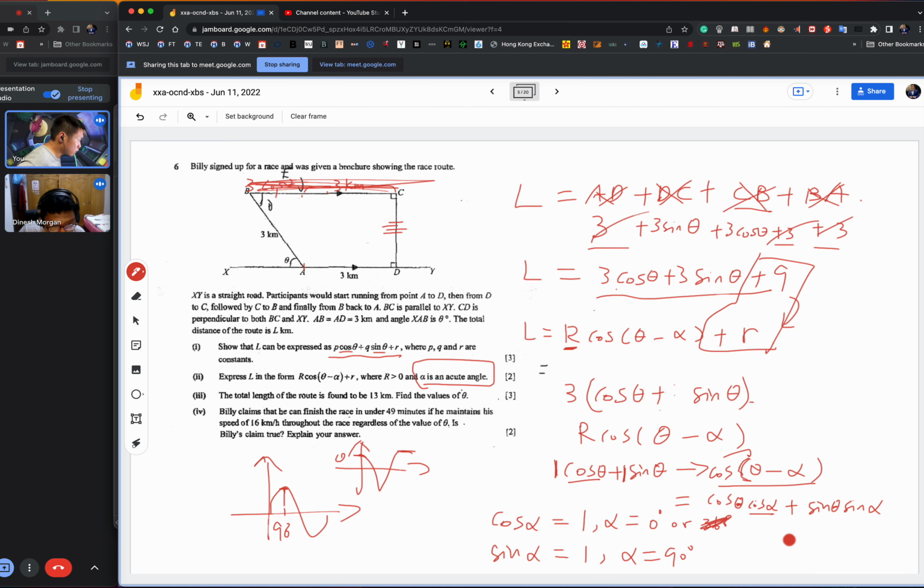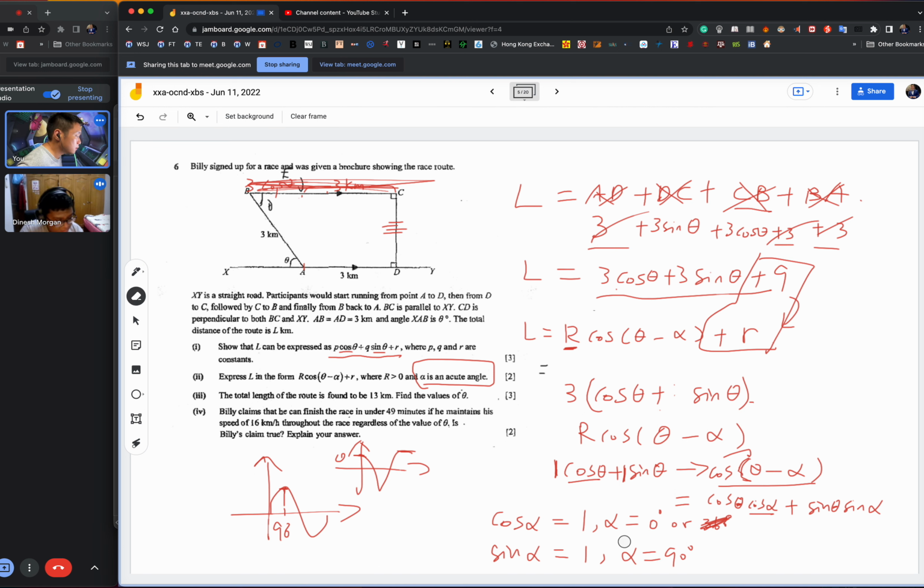So is there another angle that can give me this? Is 90 degrees acute? Never mind, let's assume that 90 is acute.